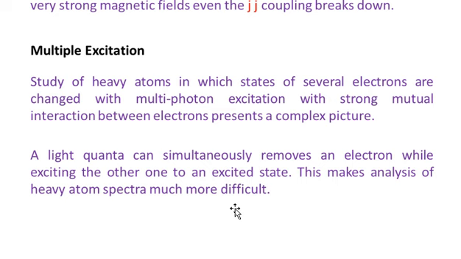And I have explained the LS coupling in much greater detail, and I have given some detail so that you can understand the jj coupling. There are some intermediate couplings which I have not discussed yet, but if I have some time and opportunities, I shall be discussing those intermediate couplings also.